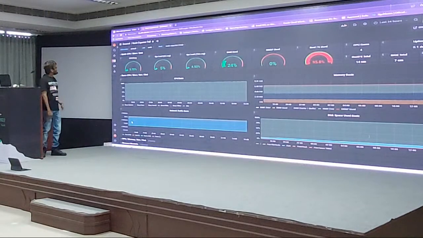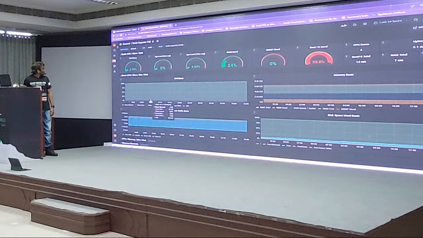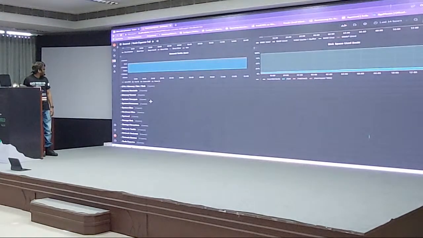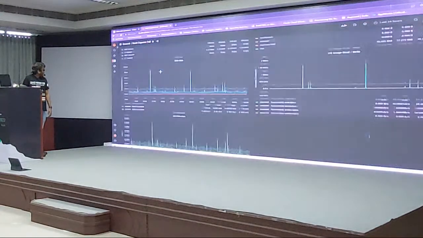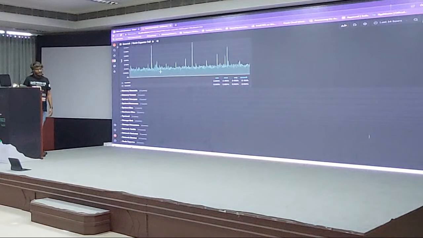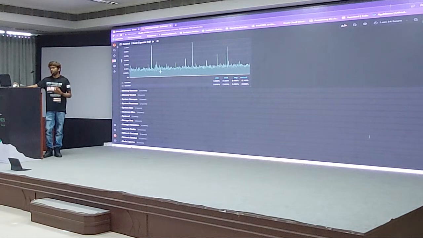Here you can see CPU-related metrics and other metrics as well. We have CPU, memory, network, and many metrics we can see here. These are all from our time series database. What this dashboard gives you is how much this resource was used at a particular point in time, right?